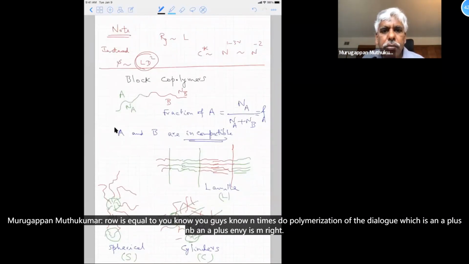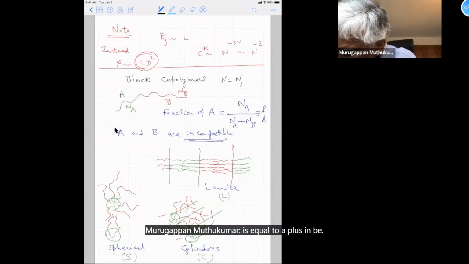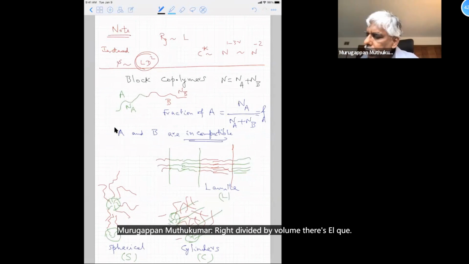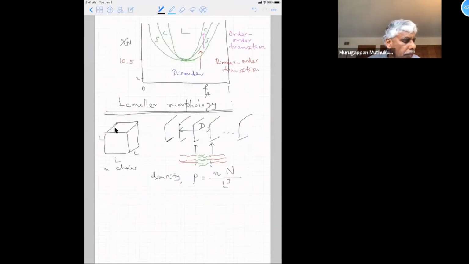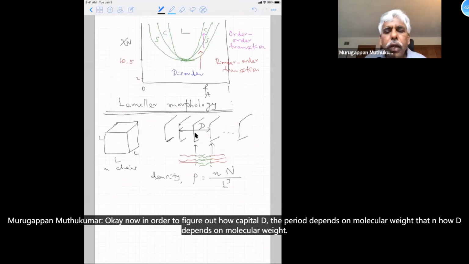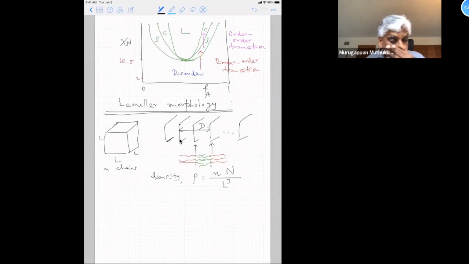Na plus Nb is N, right? N is equal to Na plus Nb, divided by volume, that's L cubed. Now, in order to figure out how the period D depends on molecular weight N, I'm going to calculate the free energy associated with the stretching of this chain, because when they are ordered, the chain is going to be stretched. And also, what is the constant free energy at the interface? That's what I'm going to do.